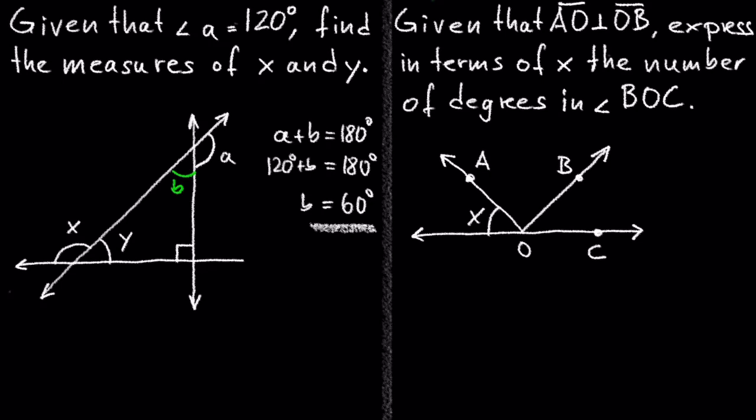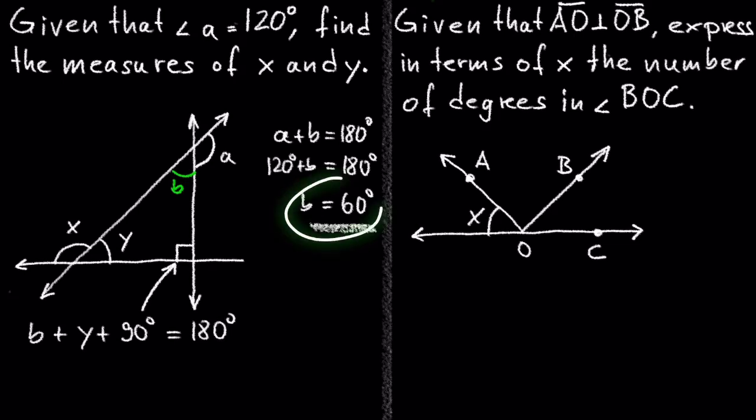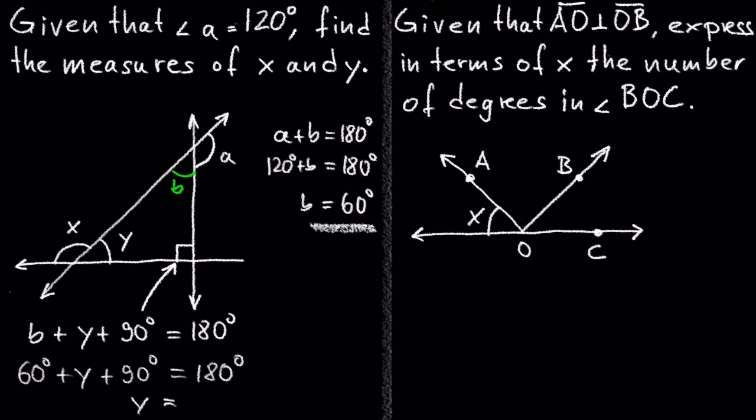The sum of the measures of the interior angles of a triangle is 180 degrees. So we can write B plus Y plus 90 degrees equals 180 degrees. B is 60 degrees. And 180 degrees minus 150 degrees is 30 degrees.